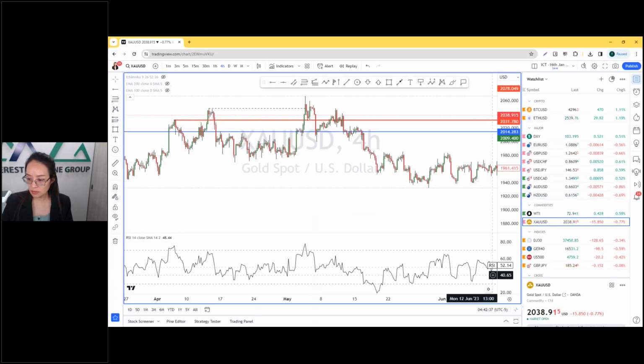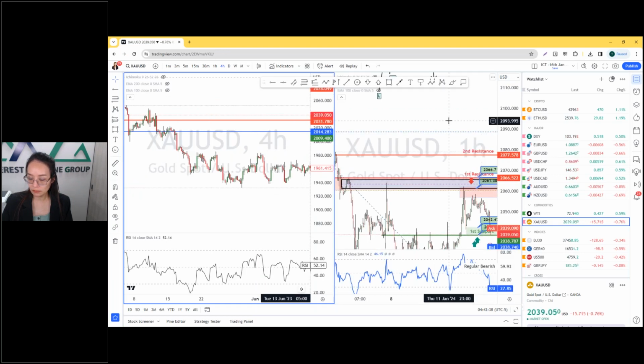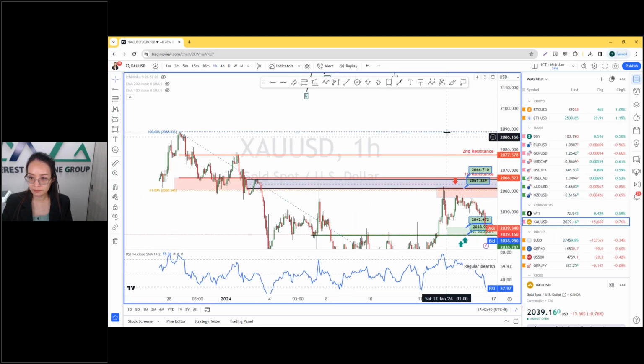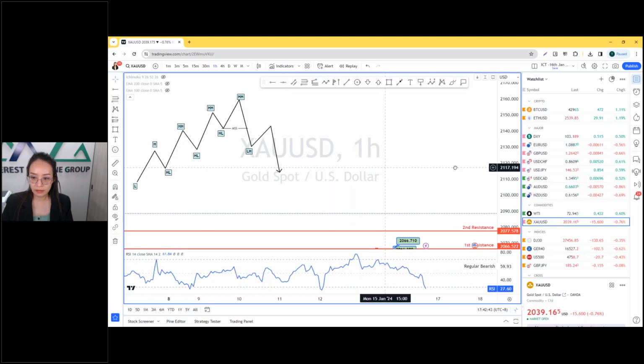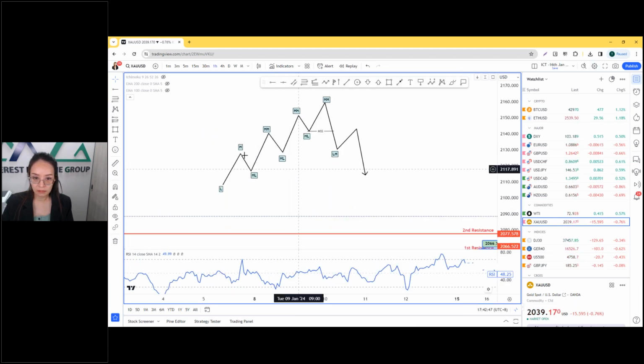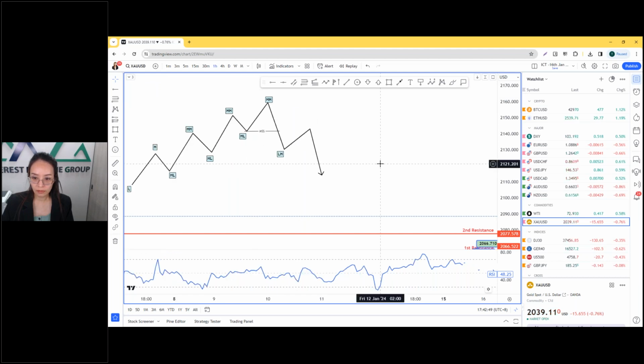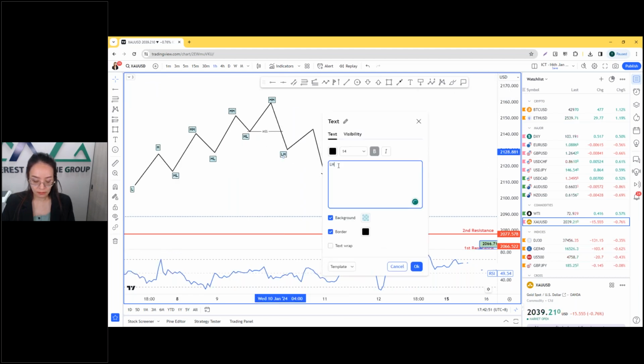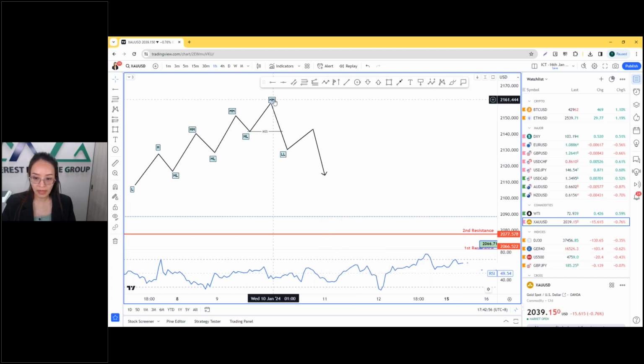Okay, let me try to get the example. Like here, this should be a lower low, right? And after that, from a higher high, they create the lower high here.